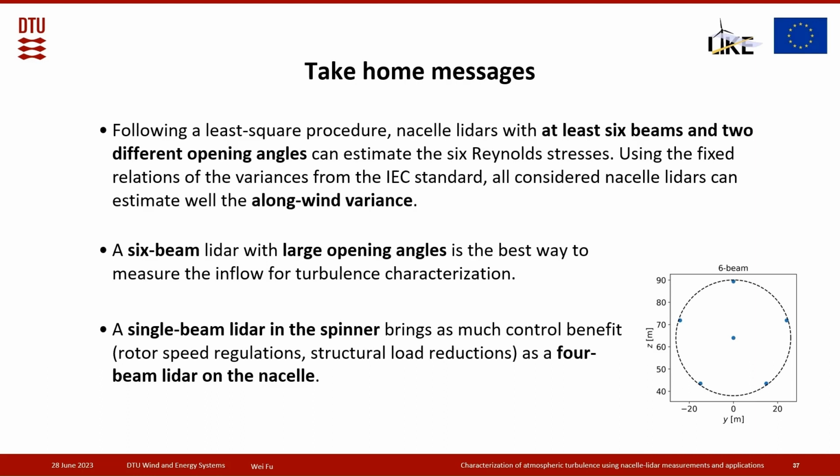So if you open up your half-cone opening angle, you get a better view of the lateral and vertical, so the transverse wind components, and you also guarantee that you always have a good view of the along-wind component. So it doesn't sacrifice the estimation of the along-wind variance.